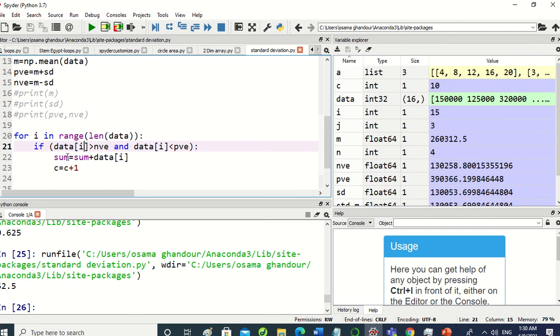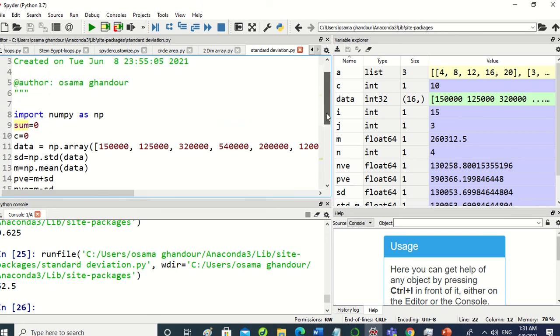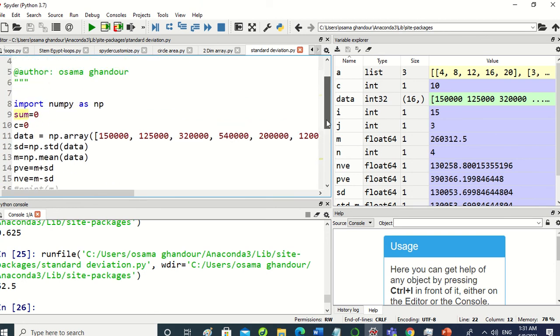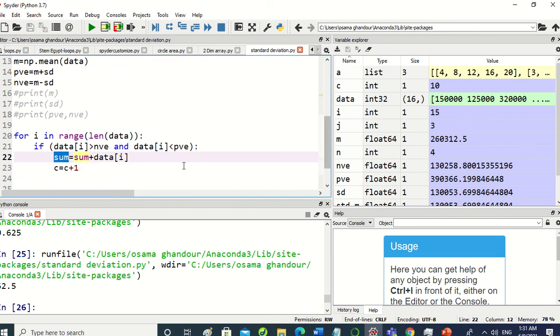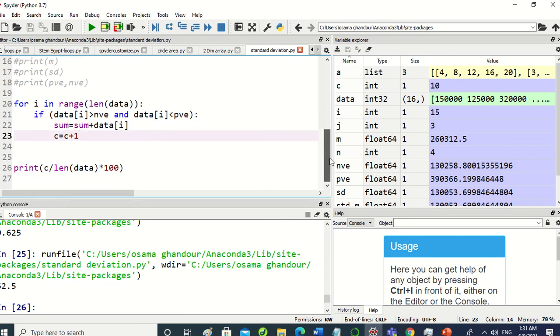So I can calculate the summation of the prices of these houses by the sum and the number. So I start the summation from 0. If you see, sum equals 0 and the counter equals 0. This is the counter which counts the number of these houses. C equals C plus 1. So in this loop, I will examine all the data elements.